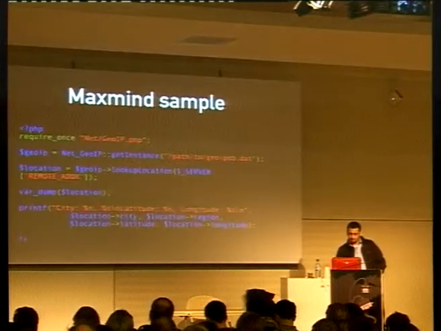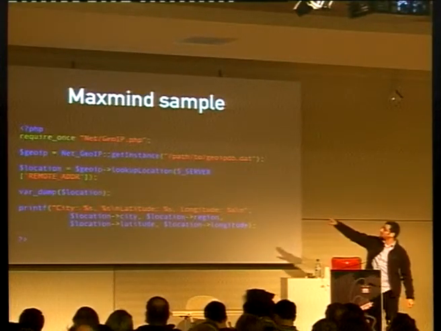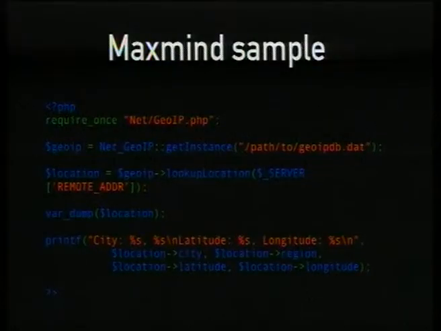Basically, they have a very easy user interface. It looks like that. In PHP you would say require_once Net/GeoIP.php, then tell it where the database is. Then you tell that GeoIP object, that handle, to look up the location of the remote address of the client connecting to your server.